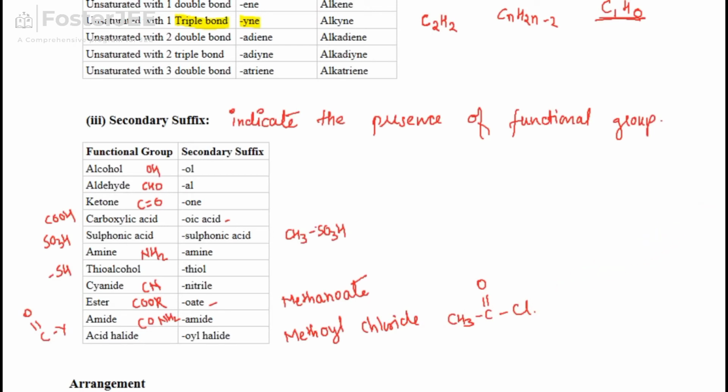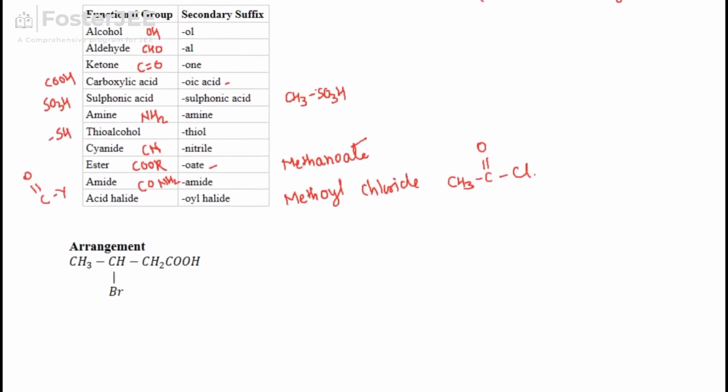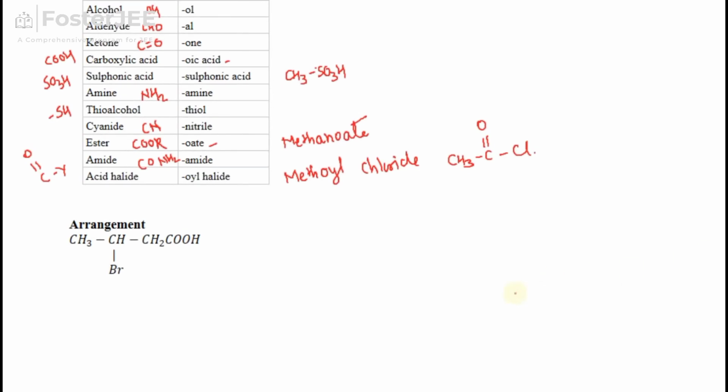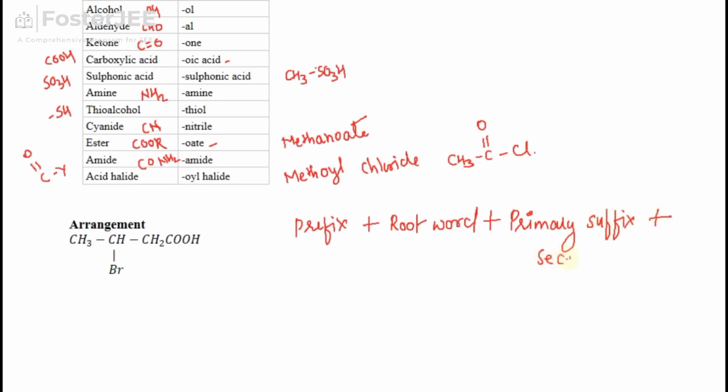Okay, so the arrangement of the compound will be: first the prefix is added, so prefix plus the root word plus the primary suffix plus the secondary suffix.